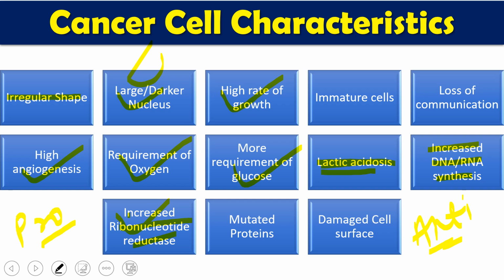Some of the anti-apoptotic proteins are BCL2 and BCLXL, and pro-apoptotic proteins are BAX, BAK and other proteins.